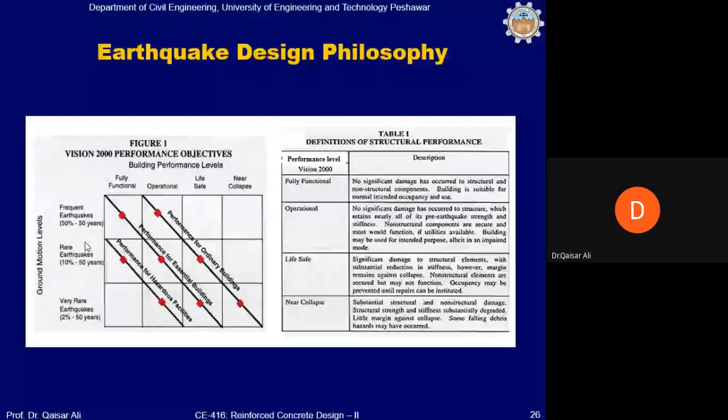Even then, if somebody has an emergency meeting in Islamabad, he would manage to do this, but he would like to have a good vehicle so that even if there is an accident, he is saved. But even then, he would not like to have a very, very costly vehicle which is unaffordable and uneconomical. So these types of risks we do accept in our daily routine life, keeping in view all the parameters.